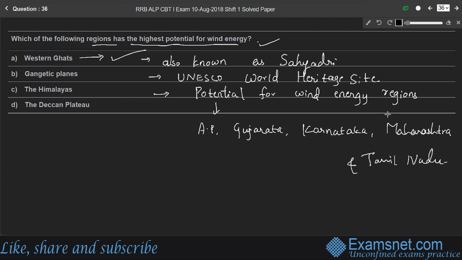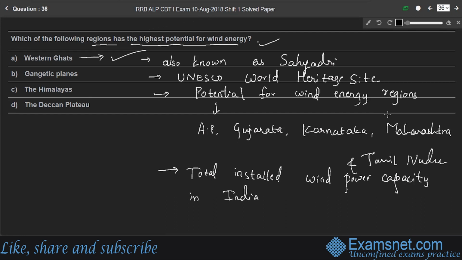As of 29th February 2020, the total installed wind power capacity in India was 37.669 gigawatts.